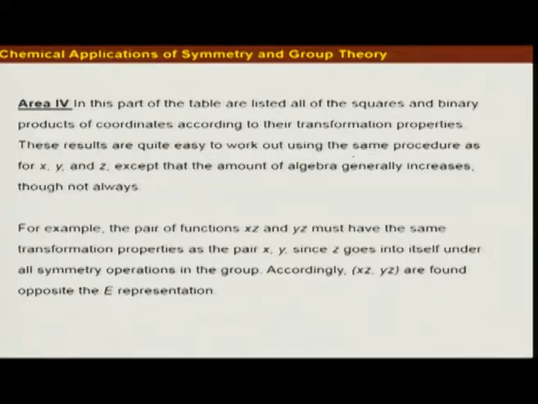Okay, so these binary functions xy, xz, or x square, y square, they form a basis for certain irreducible representations, and this part will be more clear when we deal with certain properties or observations like Raman spectroscopy and all.